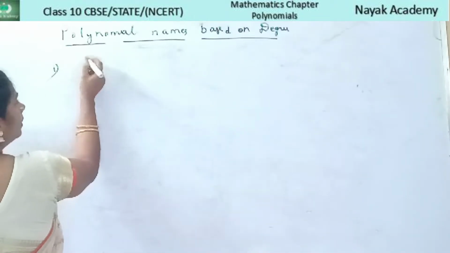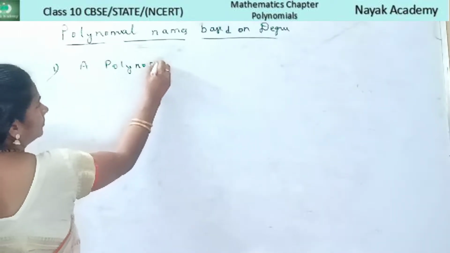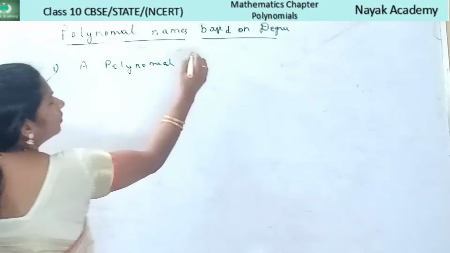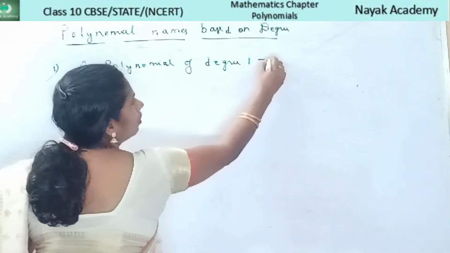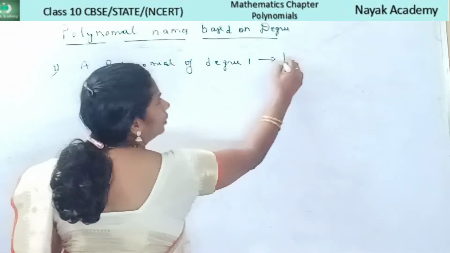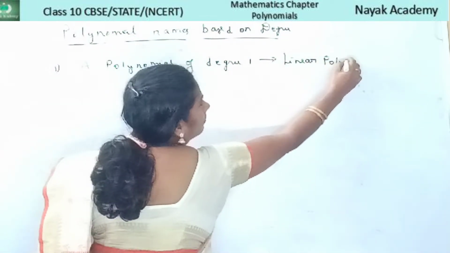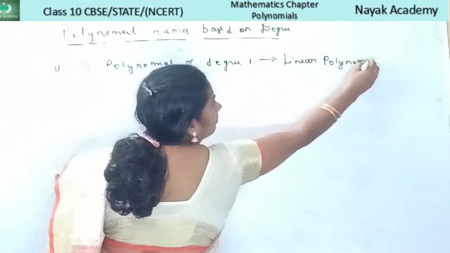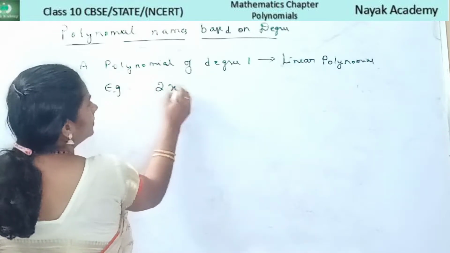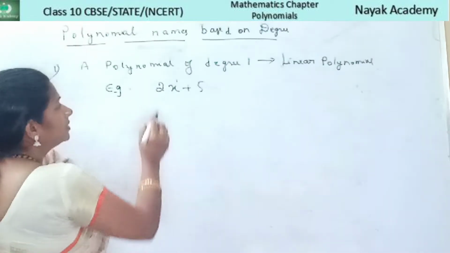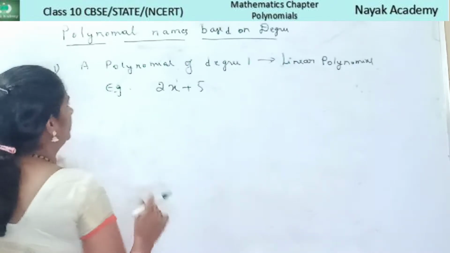Now let us learn polynomial names based on degree. First, a polynomial of degree 1 is called a linear polynomial. Example, 2x plus 5. Such polynomials we call linear polynomials.